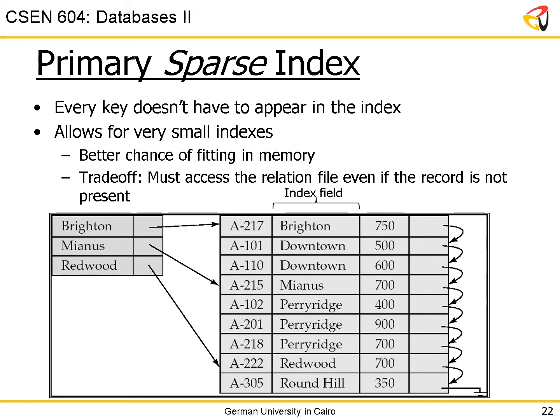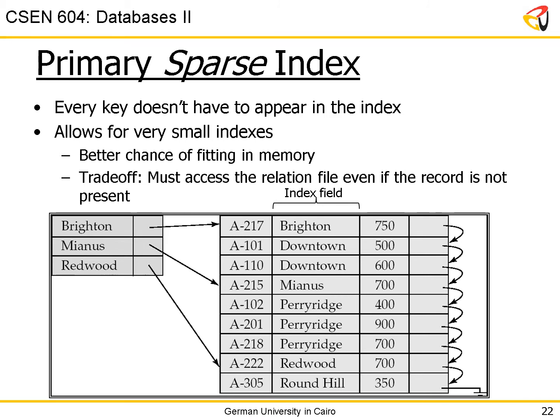Now, let's say we got the query select star from where branch equal to Perry Ridge. Perry Ridge is not appearing in my index, but since I know this is a sparse index, it could exist in the table. It just was not picked to be included in the index.